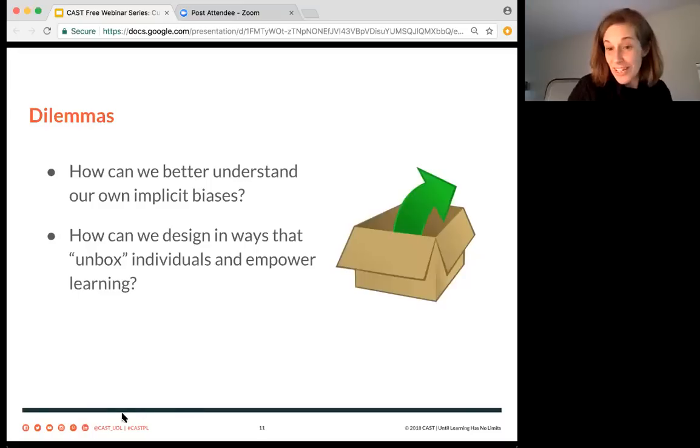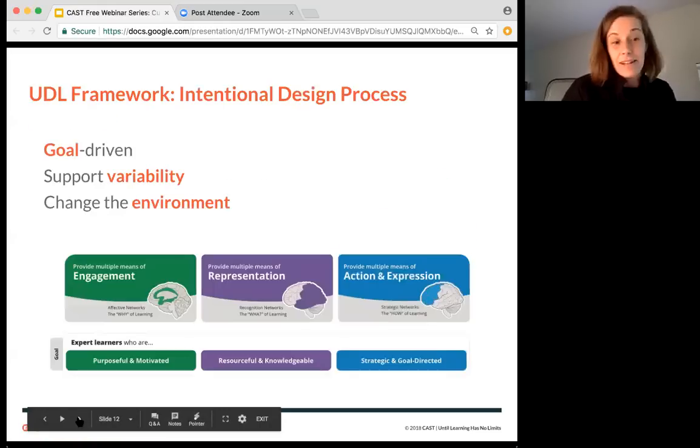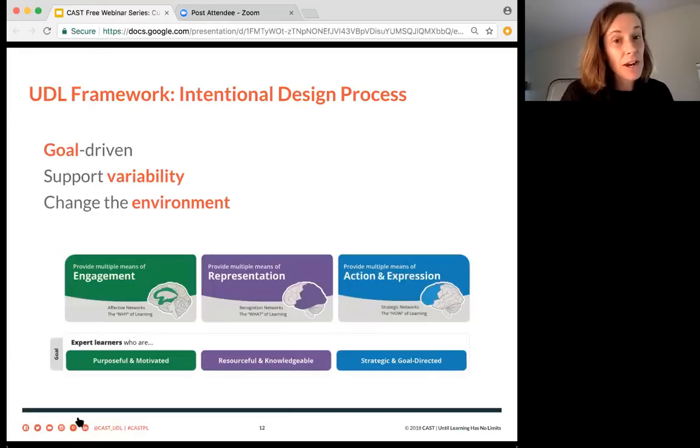Because I work at CAST, I'm just super interested to know how the UDL framework can help. I know you've talked about goals, flexible environments, and variability, all words that are core to the values of UDL.